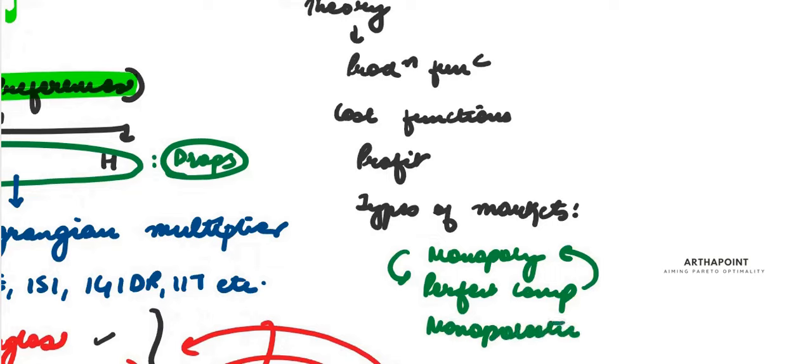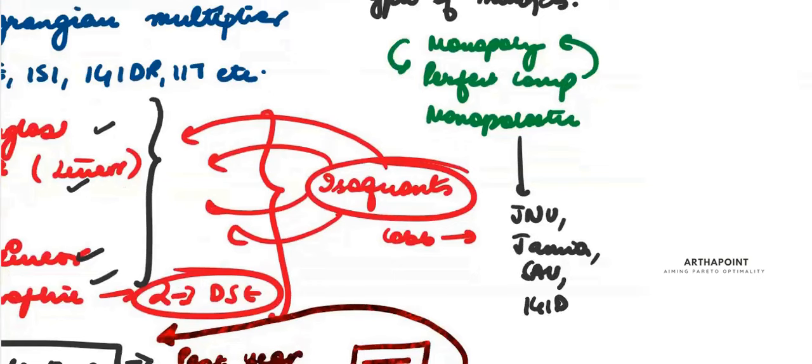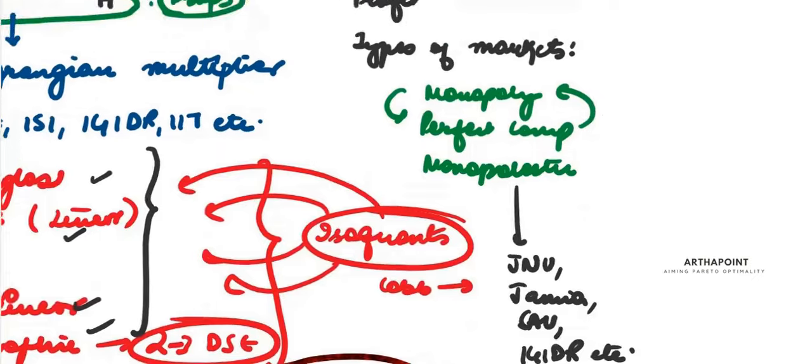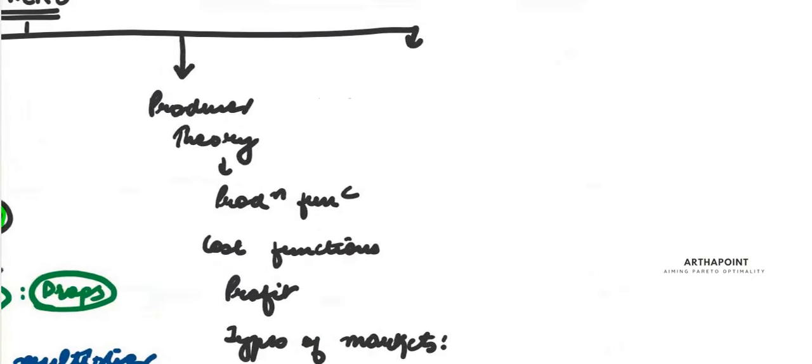Monopolistic will never come in DSC, IIT, ISI, no. Monopolistic will only come in JNU, Jamia, SAU, IGIDR, etc. So we'll do monopolistic, and then we will move on to the next topic, which would be game theory.